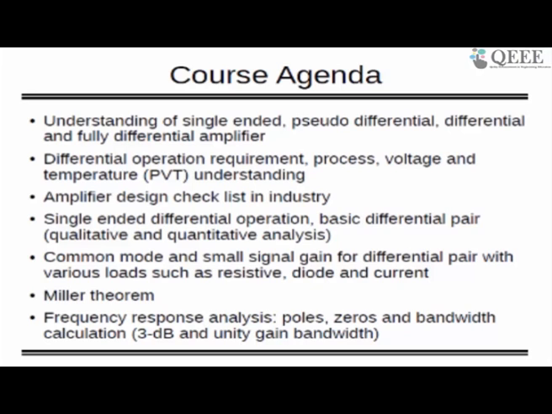Another thing is temperature, meaning your circuit should work even for 0 degree, even for -40 degree, or even for 125 degree. So whenever an industry is making any amplifier which is differential by its structure or architecture, that industry generally follows a checklist covering process, voltage and temperature.